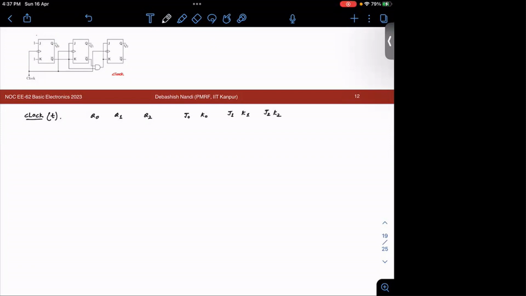This portion we will consider for TK minus.